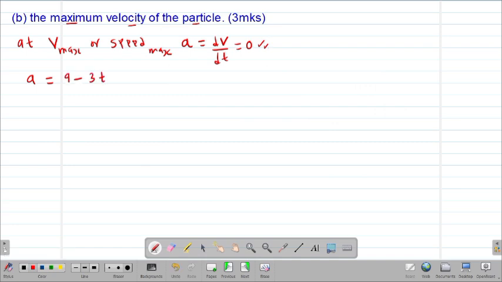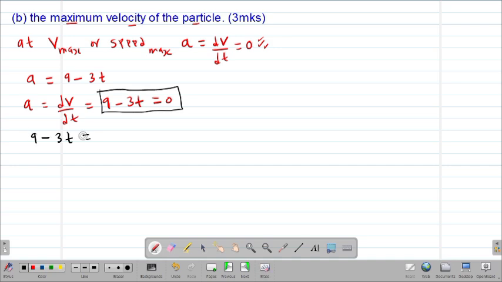Because at this particular point the acceleration must be equal to 0, it means that a, which is equal to dv over dt, which is equal to 9 minus 3t, must be equal to 0.